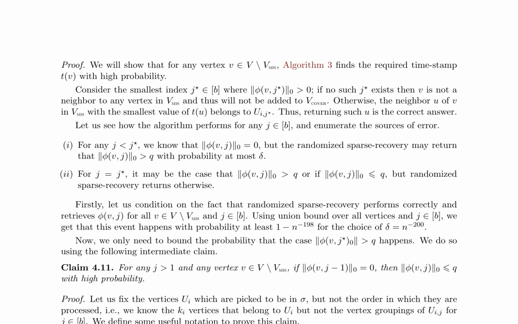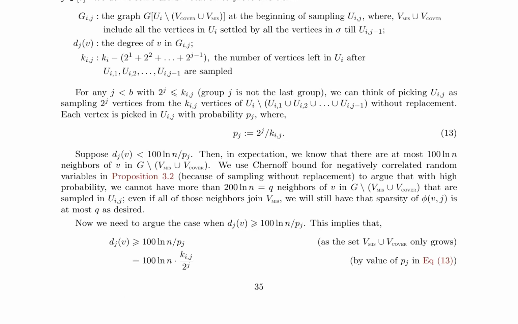The algorithm's error sources are identified, including the randomized sparse recovery's potential failure to retrieve phi, v, j, for all v in v, v-mis and j element of b. Using the union bound, it is shown that this event happens with probability at least 1-n^-198 for the choice of delta equals n^-200.